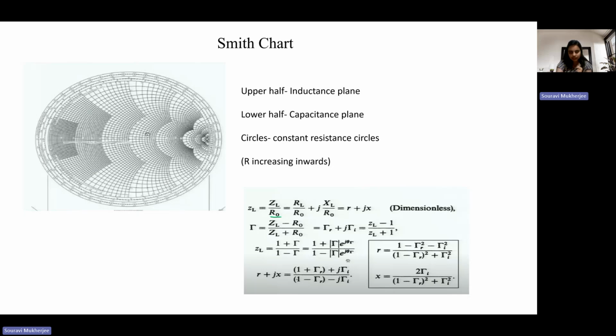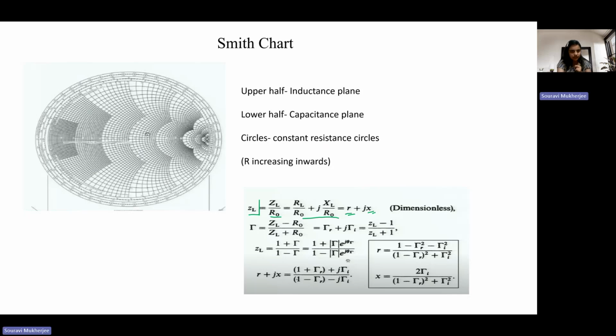Okay, if they are very lossy and all that, then it can become a complex quantity. So now if your R naught corresponds to the characteristic impedance of your transmission line and ZL is your load, then you can define the normalized load as small zL, right? And this is how it would look like. So here it would have a real part, small r, and then small x, which is your imaginary part, right?